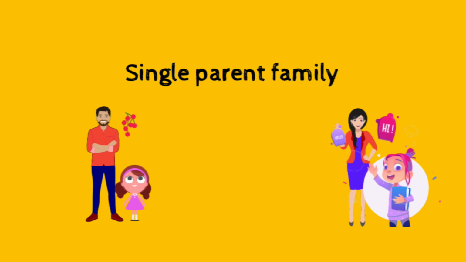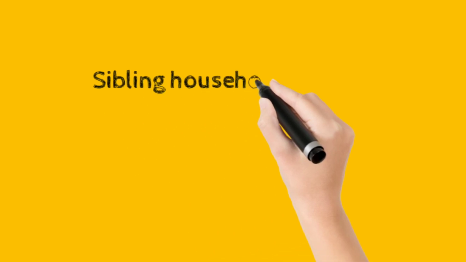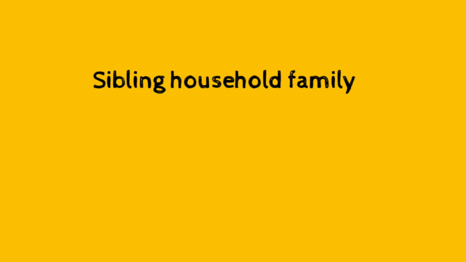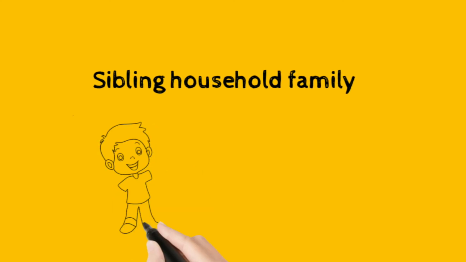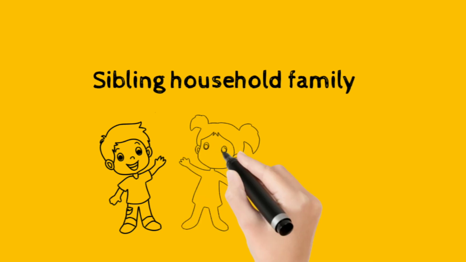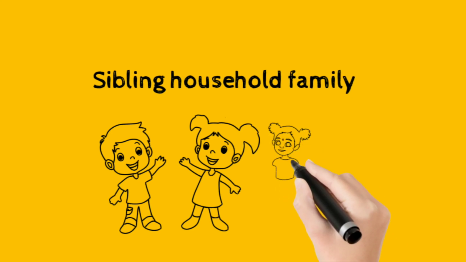You also have the sibling household, which is usually a family without parents, right? So usually the parents are absent for whatever reason. We'll get into the reasons later on, but usually it's a type of family that consists of brothers, siblings, right? Either brothers alone, sisters alone, or brothers and sisters, right?